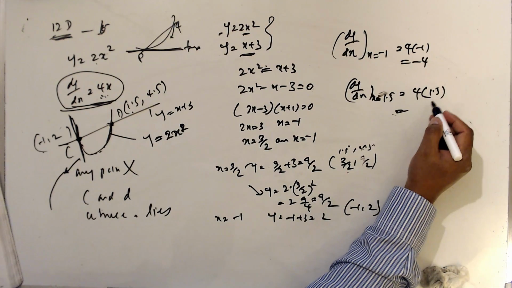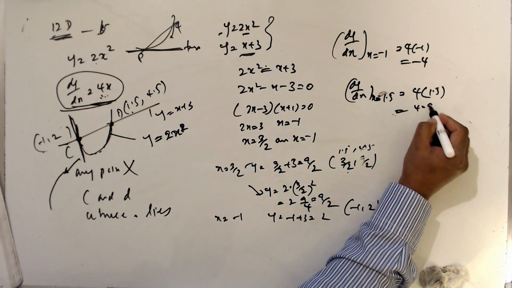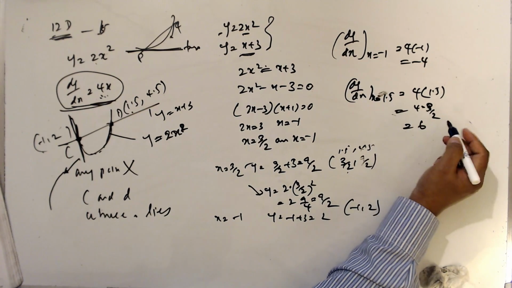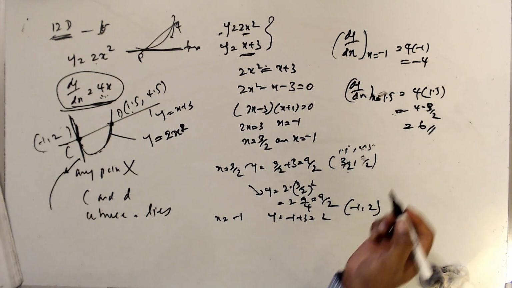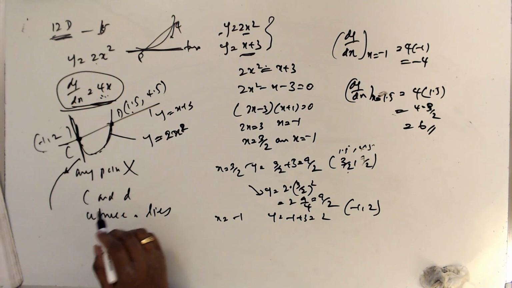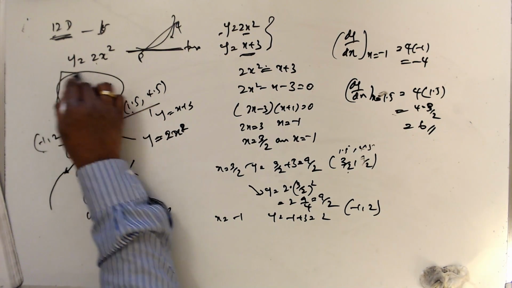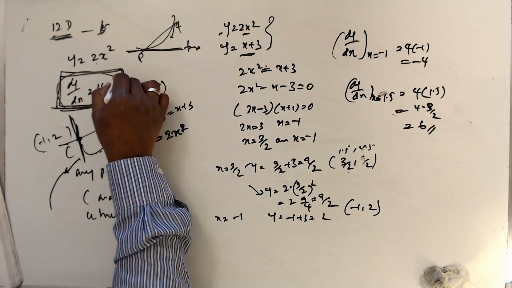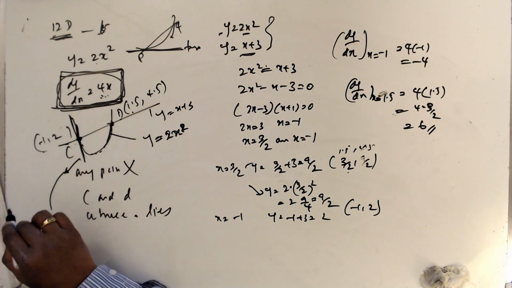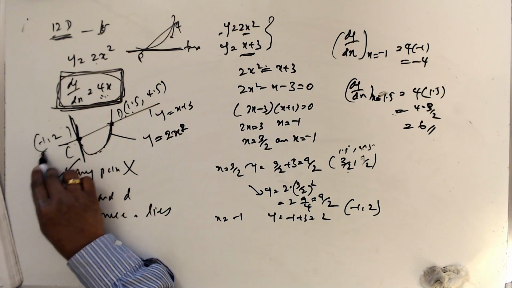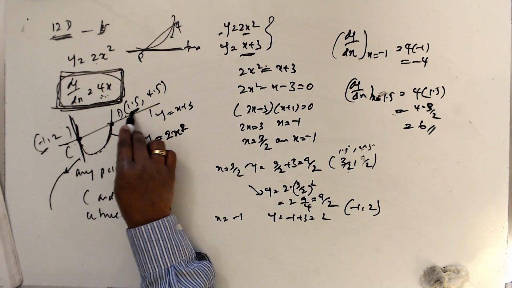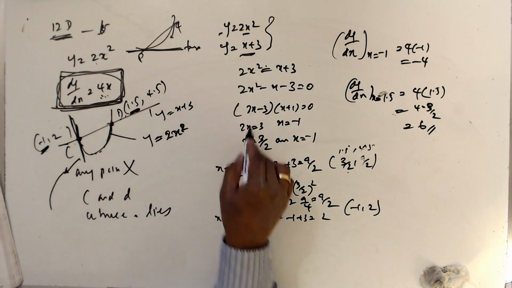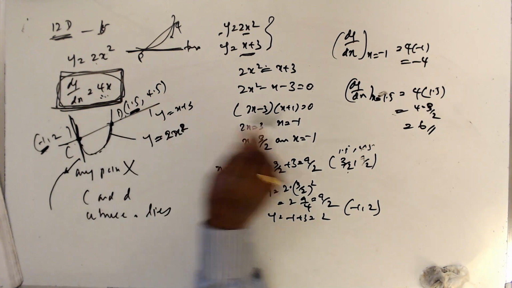This is 4 times 3 over 2, which is 6. This is for the gradient at any point. So we only need C and D. To find C and D, we should know the x values. So we solve these two equations and we got the x values, and now we can find them.